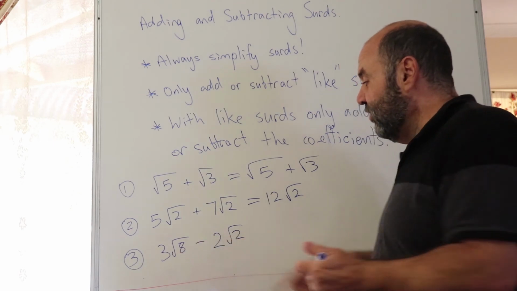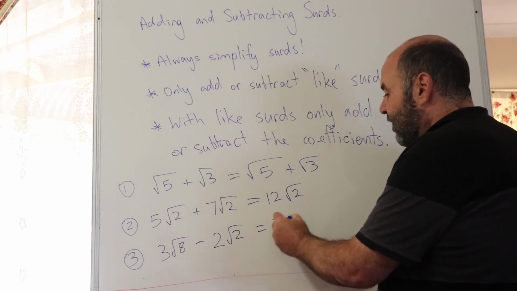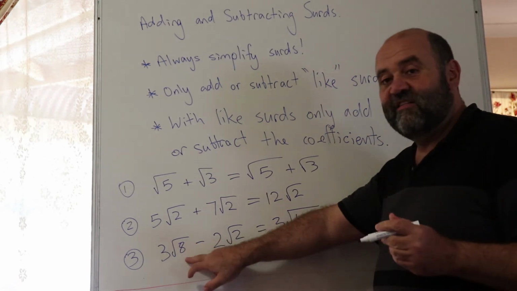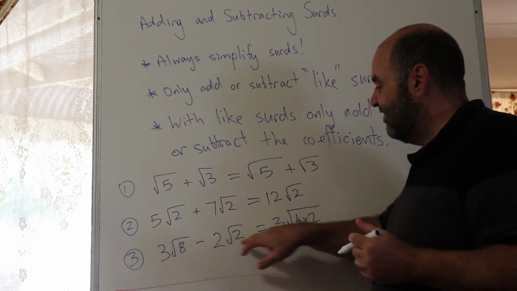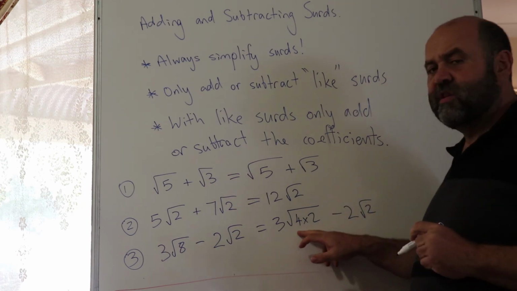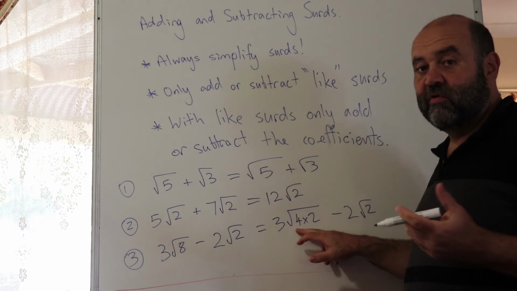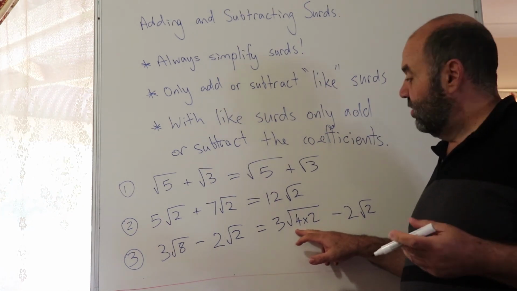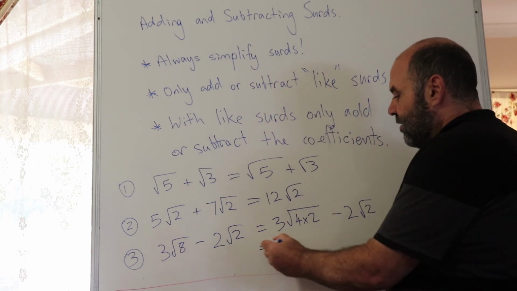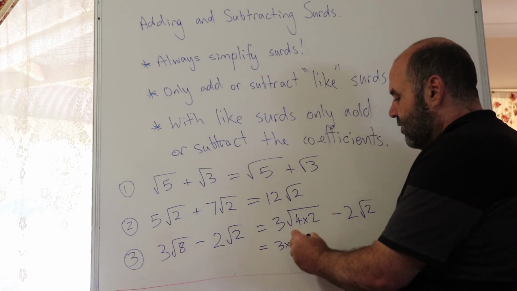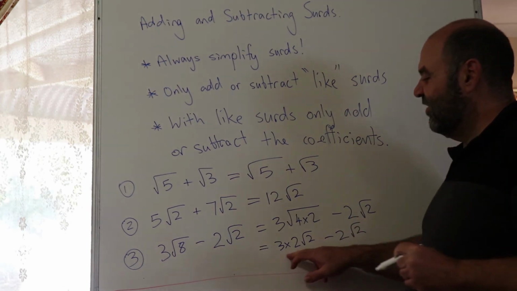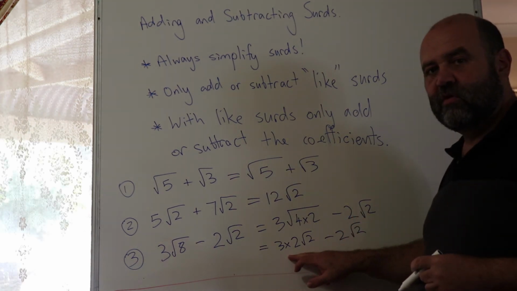So this question really is 3 times the square root of 4 times 2, because 8 is 4 times 2, minus 2 root 2. So what's the square root of 4? Well, the square root of 4 is 2. So this says 3 times 2 root 2. Well, this is 6 root 2.